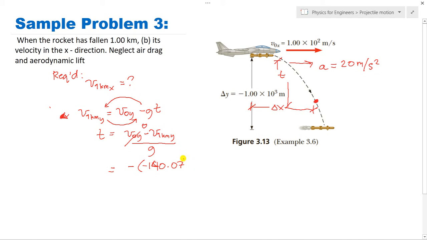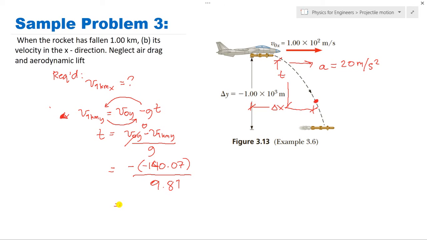0.07 divided by 9.81. Then solve. So we have 140.07 divided by 9.81.